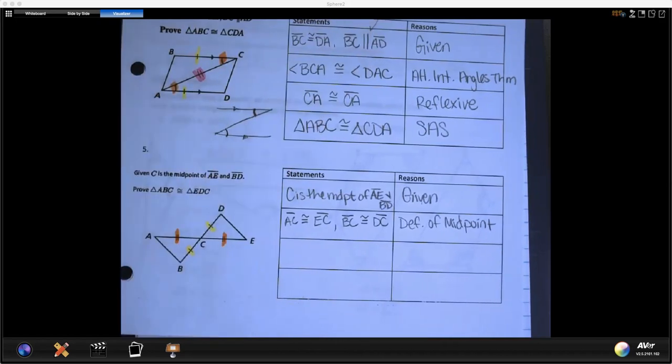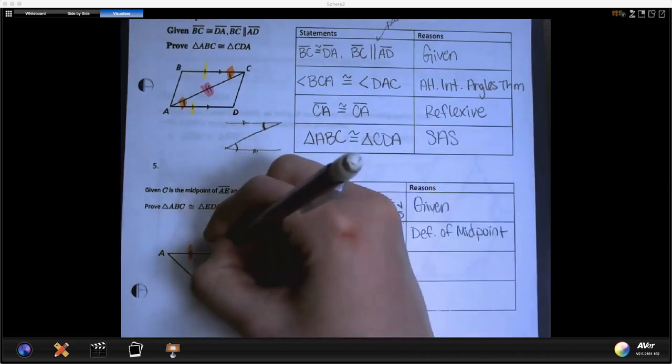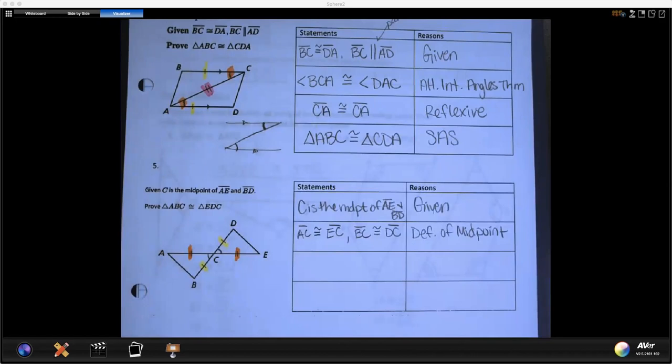How could we prove that these angles in here, how can I prove that this is congruent to this? What type of angle is created by 2 intersecting lines? Give everyone a second to think. What type of angle is created by 2 intersecting lines? Tell someone near you what you think the type of angles are created by 2 intersecting lines.